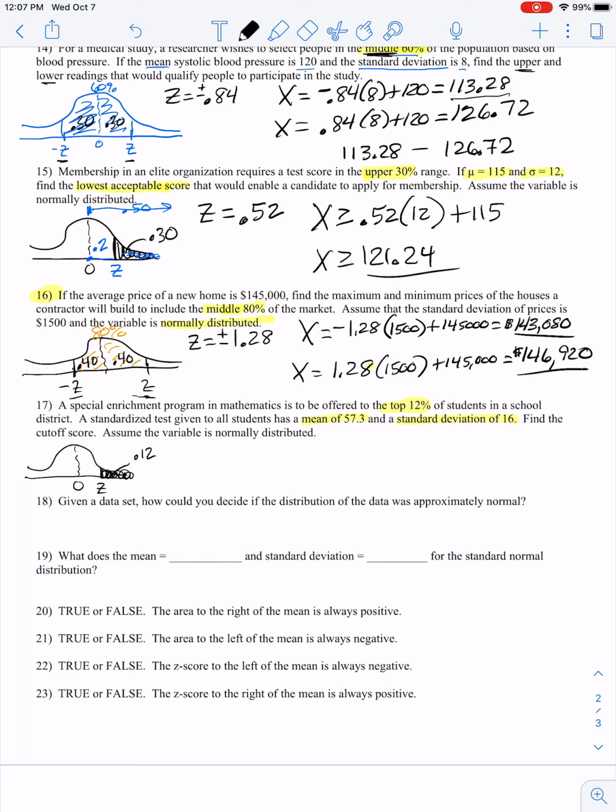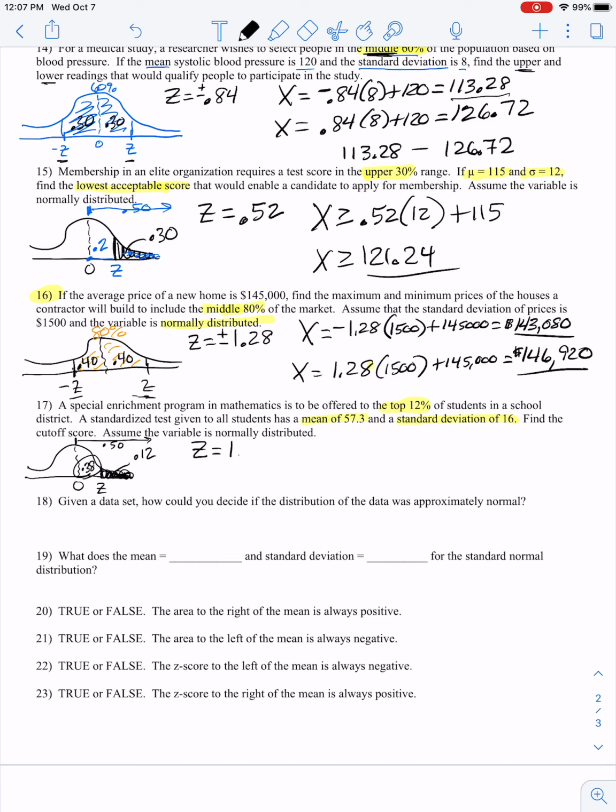All right, so if it's 0.12 in the tail, and I know that it's 50% from the mean to the right, if I do 0.5 minus 0.12, I get 0.38. That's what I need to look up in my Z table. Closest to that 0.38 in the guts of the table, it's actually between two. It's a tie.